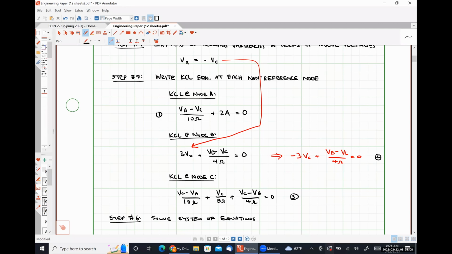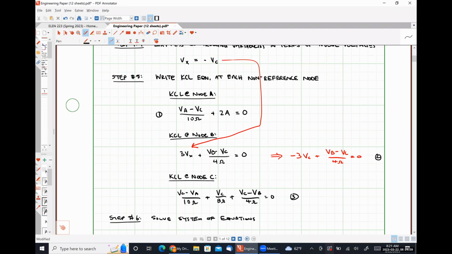My coefficient for VA in my first equation is just 1 over 10. My coefficient for VB is 0. My coefficient for VC is negative 1 over 10. And my constant term is going to be negative 2 because I need to move it to the opposite side of the equal sign as my variables.